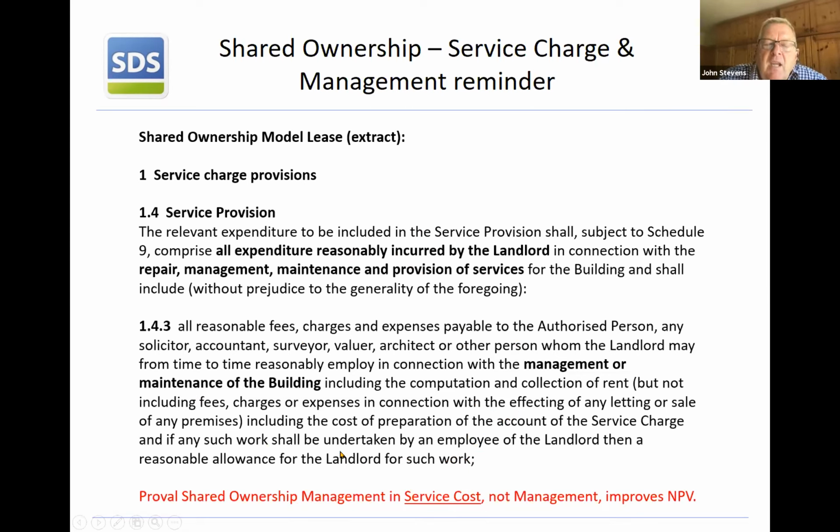I don't know if some of you are doing this at the moment, but what we sometimes see is people assume the shared ownership management cost should be in the management row. No, it should be in the service cost row. That's what the lease says, and you will improve the NPV of your shared ownership. So I've rambled from a very simplistic start to very detailed areas that could help you.